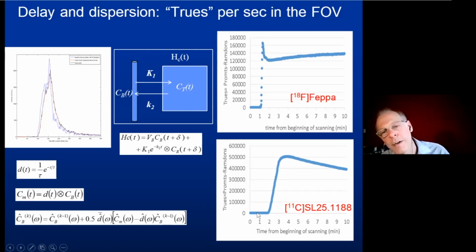In the other case, when I have a radioligand like SL25, in which I cannot see the vascular contribution, but I can see that the head curve starts to go down, I set the vascular contribution to 0, and I keep K2.